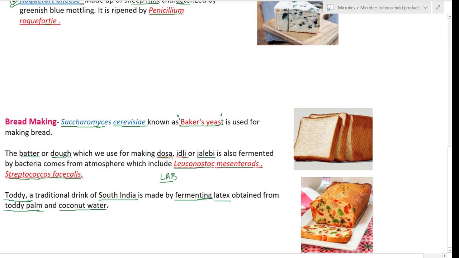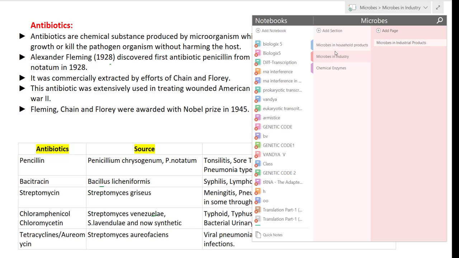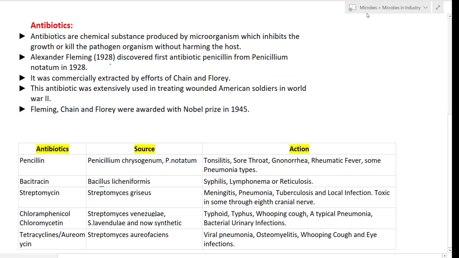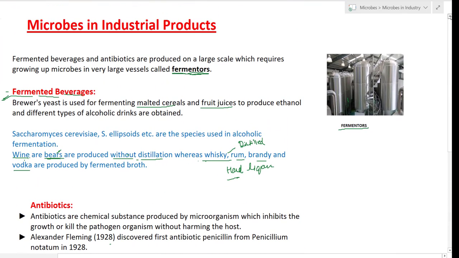The next important use of microbes is at the industrial level. In industry, we use microbes on quite a large scale. At the industrial level, we produce different products like fermented beverages and antibiotics on a large scale.